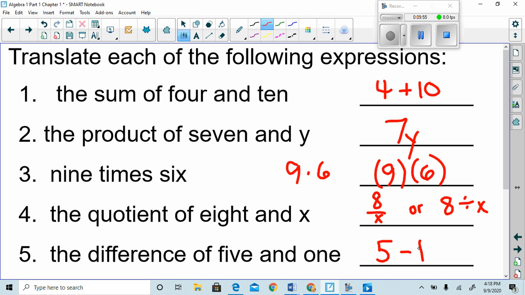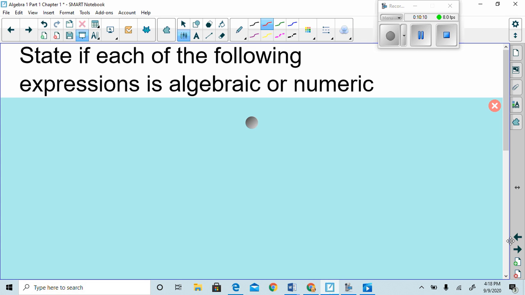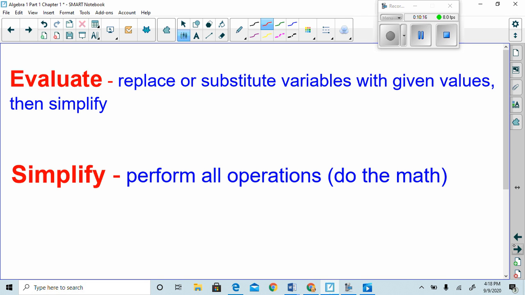Now, order matters for these last two because 5 minus 1 is not the same as 1 minus 5. So you see that order does matter when it comes to subtraction and division. I'm going to skip this as a leading problem for our next session.